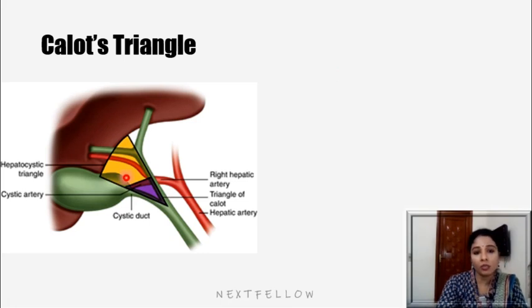It also contains a lymph node called the lymph node of Lund, which is the first lymph node of the gallbladder. So that is about Calot's triangle.